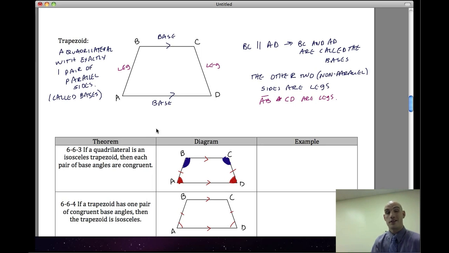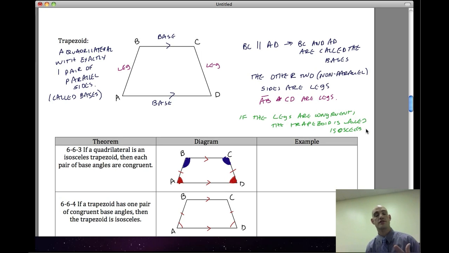There's one other piece we need to talk about here. If the legs are congruent, the trapezoid is called isosceles.